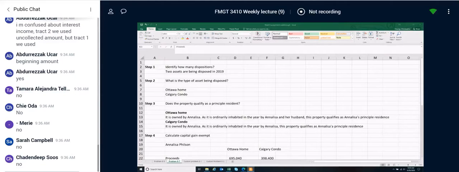Okay, so again, in both cases, the Ottawa home and the Calgary condo, they're giving you a fact pattern that says the two residences were ordinarily inhabited. Okay, 2019 comes around, and Spiro finds out about Arnold, so therefore he removed her from the will, and they moved out of the Ottawa home, or he moved out of the Ottawa home.